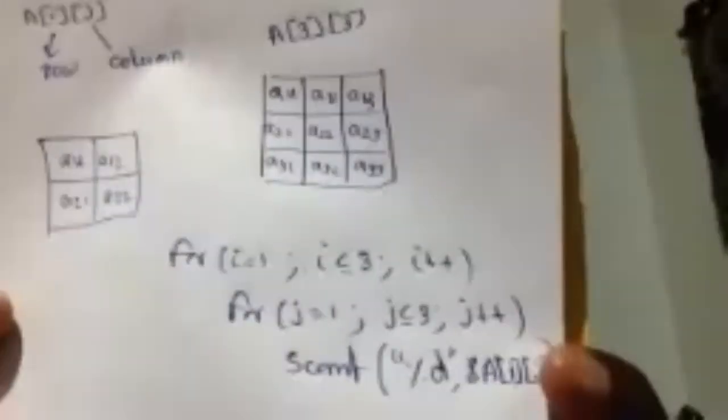So if I put 2 consecutive for loops, then what happens?